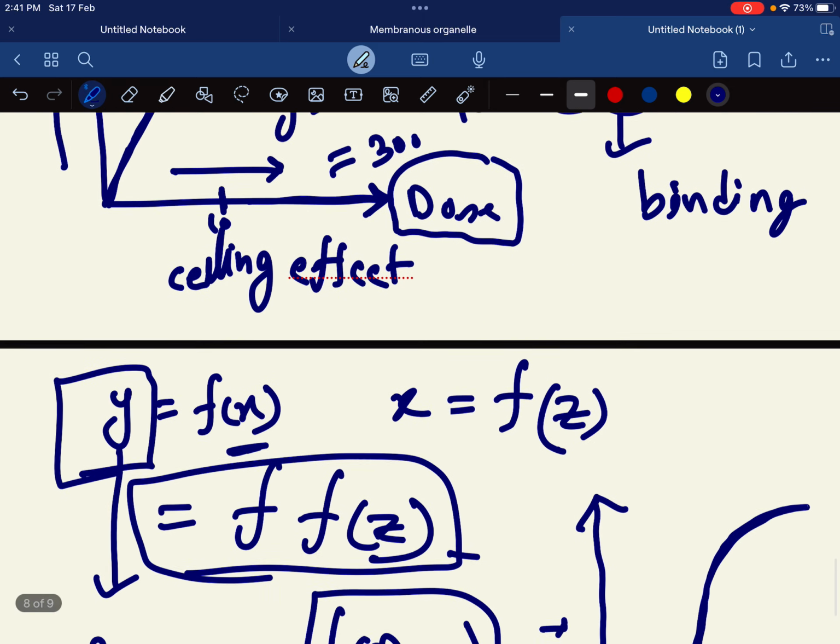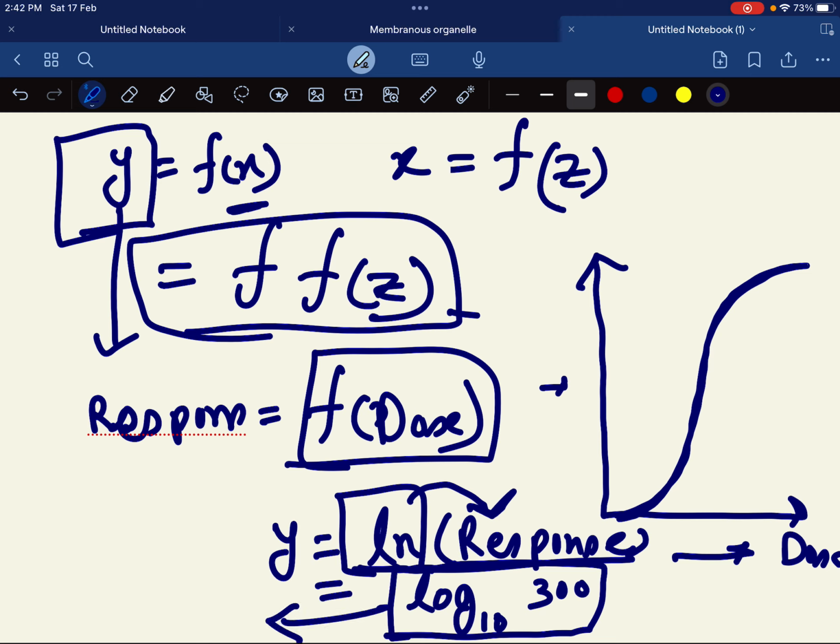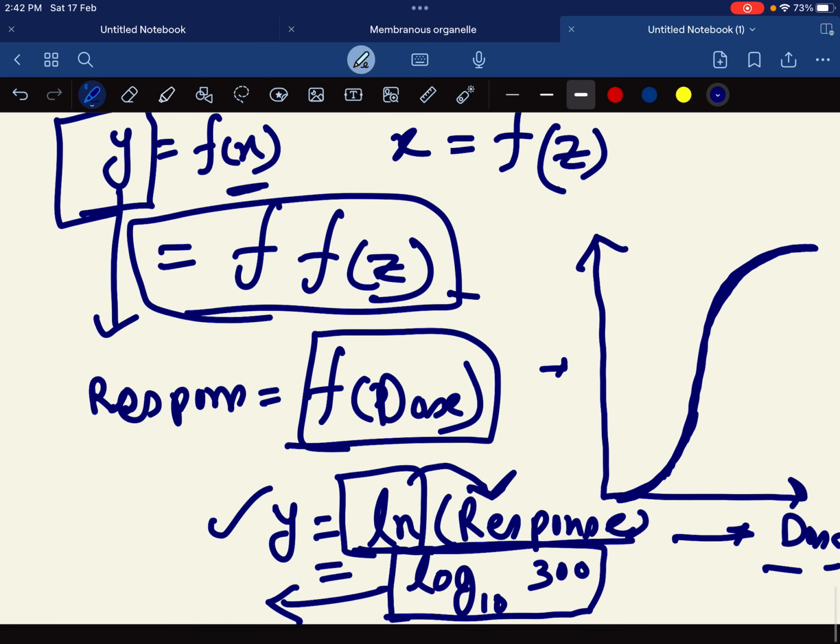So when you take the logarithm of 300, say log base 10, or you can take base e, whatever it is, then the ordinate will be reduced, but the real relationship between the dose and the response will not be hampered, and can be easily graphically demonstrated.